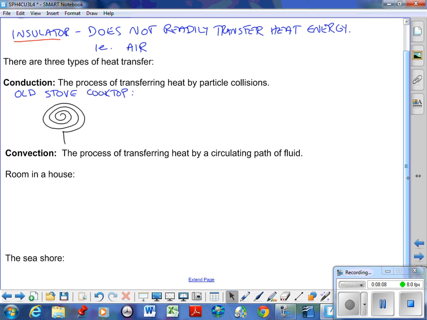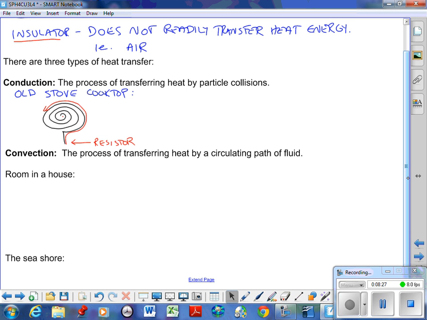Okay, so what happens is we have a resistor here, so it changes the electrical energy to heat energy, and that heat energy then begins to circulate around the rod until it reaches the middle.